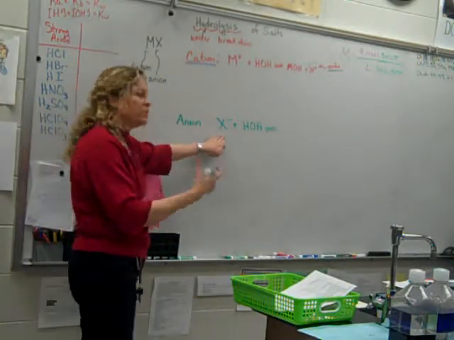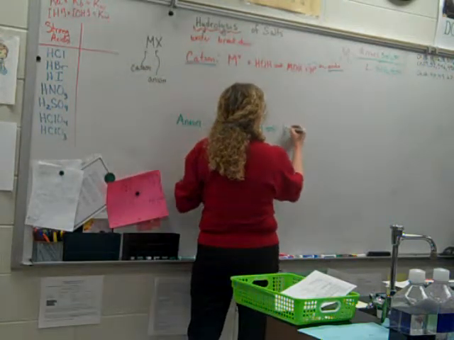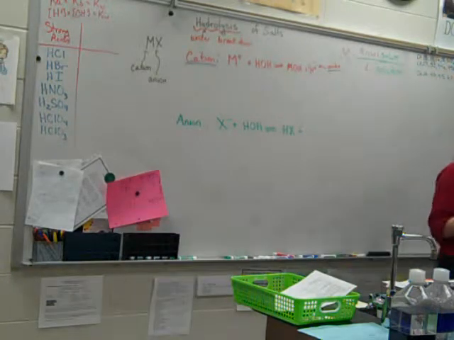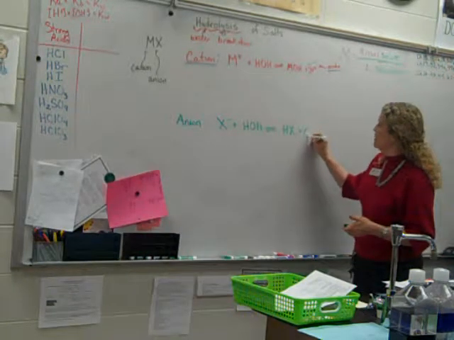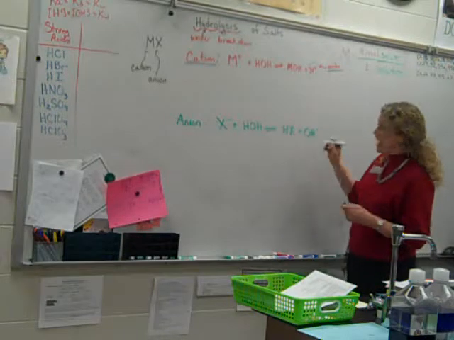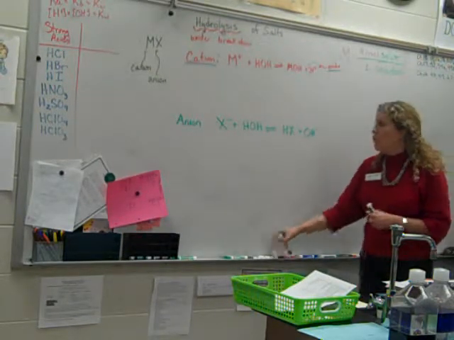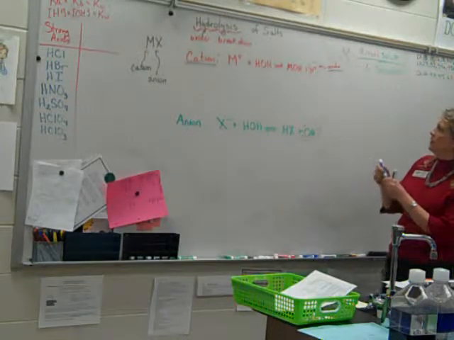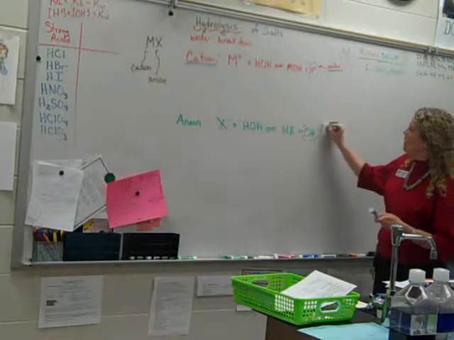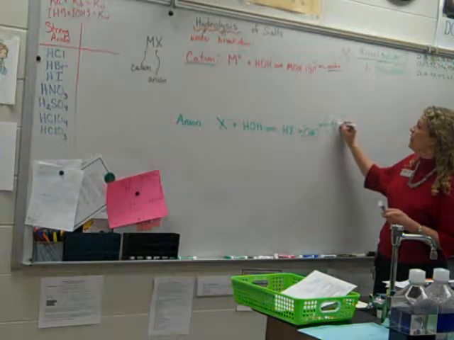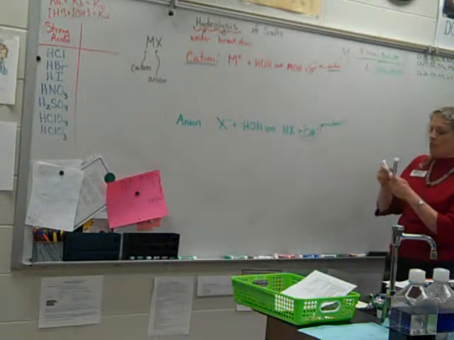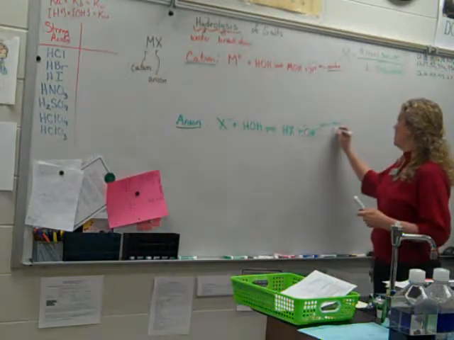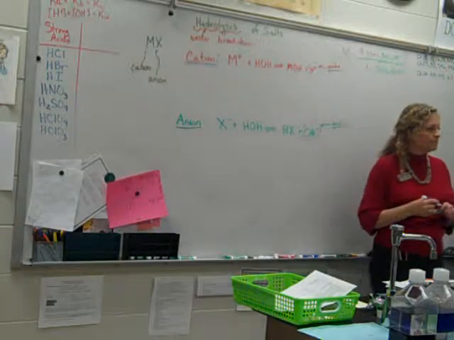The X minus and the H plus will go together, and so we'll form HX, and what will be left free? OH minus. And so if OH minus is free, what type of solution will this make? Basic. That's exactly right. Okay? So anions, if they do anything, will make a solution basic. Anions, basic. Okay? All right.